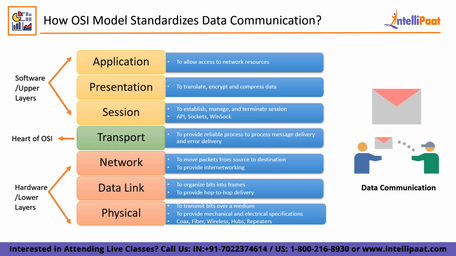The fifth layer is the session layer, which is responsible for managing connection between devices, right? In our example, the session layer would be responsible for establishing and maintaining the connection between your laptop and your friend's smartphone. The sixth layer is the presentation layer, which is responsible for translating data between different formats.